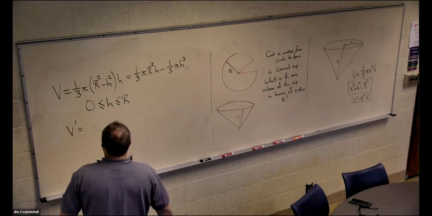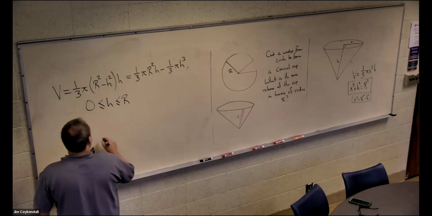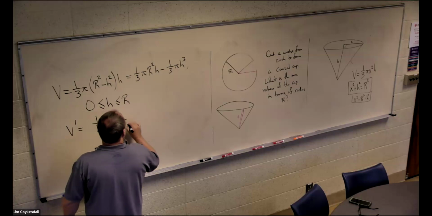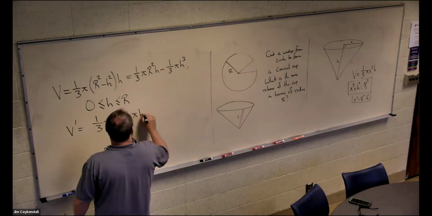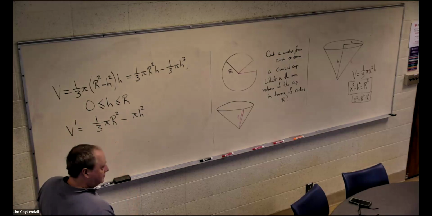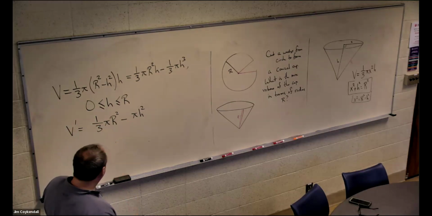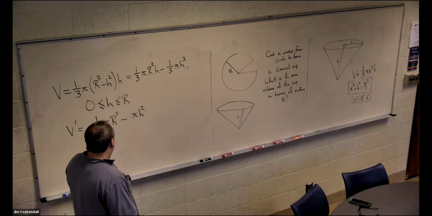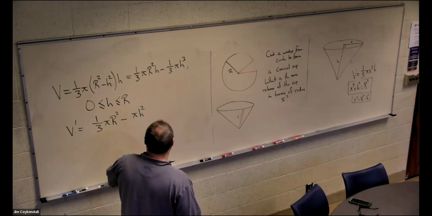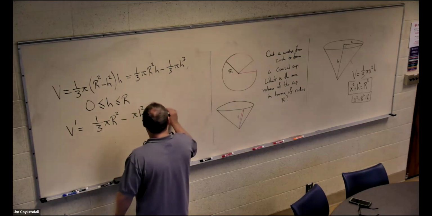The derivative, V prime, is 1/3 pi r squared minus pi h squared. Now we're looking for critical numbers in this range. This is never undefined, so I'm going to set this equal to 0.